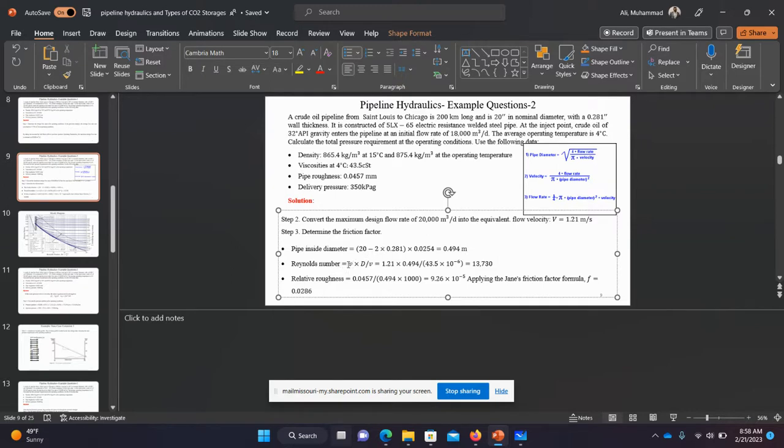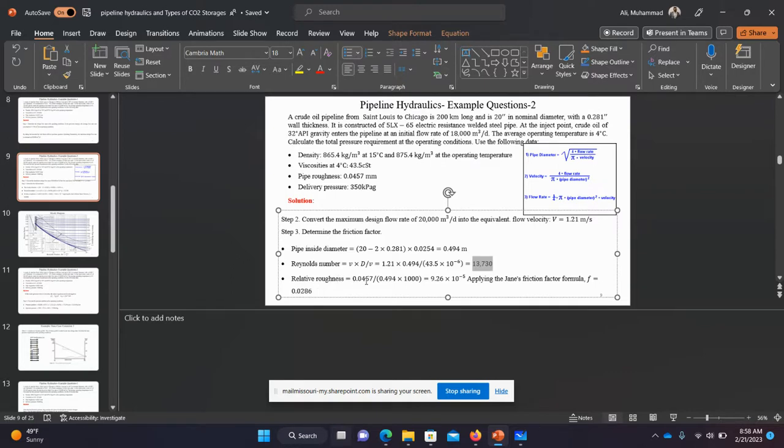This is the velocity, which is 1.21, calculated through this formula. Then we have the inside diameter, and then the viscosity, which is 43.5 centistokes. We convert them into stokes, so we divide by 10 to the power 6. This is the Reynolds number we found, 13,730, using these three values.